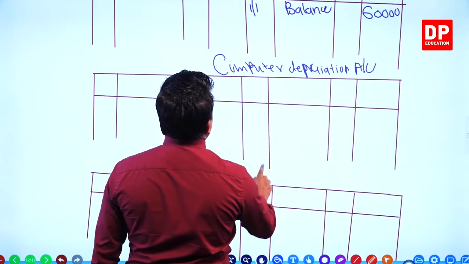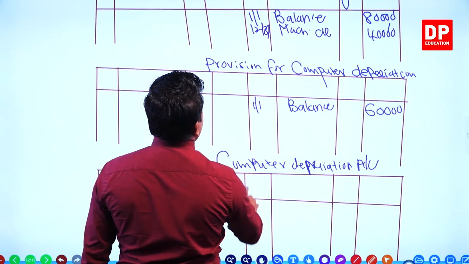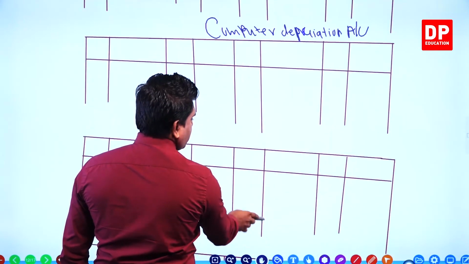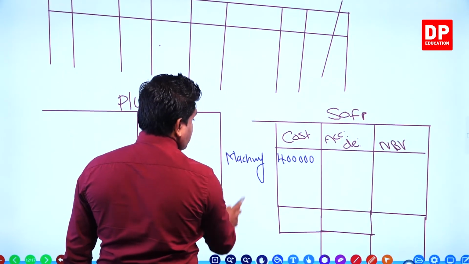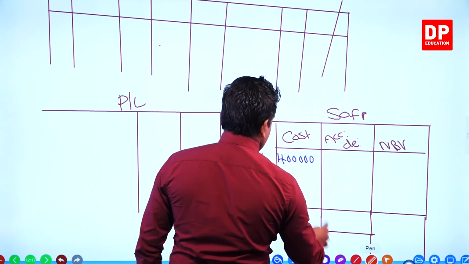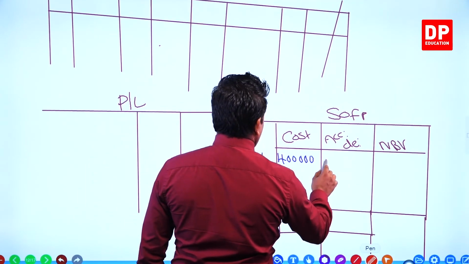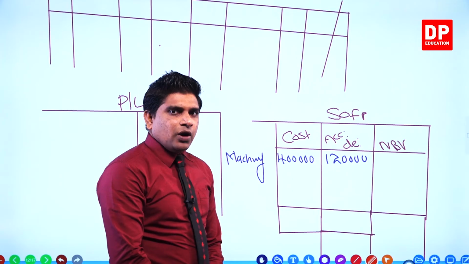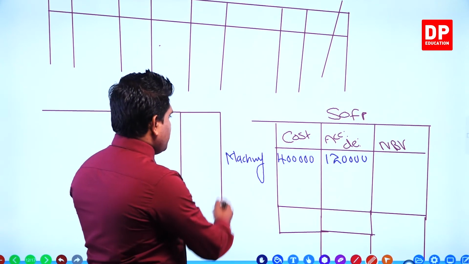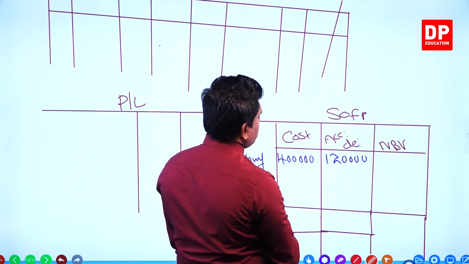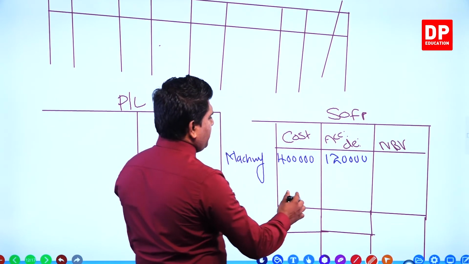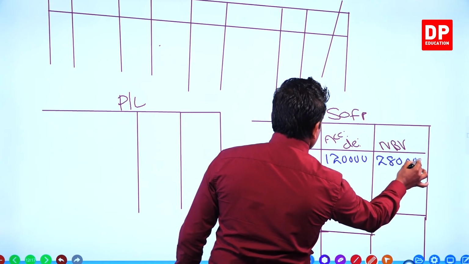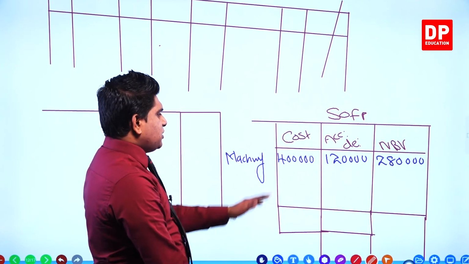You can check it in the account, right? 120,000: 80,000 plus 20,000, 180,000 plus 40,000. Now you can see machinery 400,000, less 120,000, then the final balance you write 280,000, right?